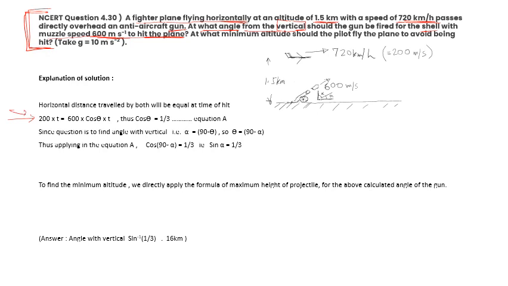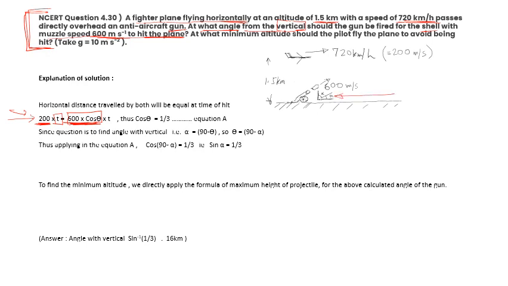We know the speed of the plane is 200 meters per second. Assume it travels some distance in time t. In the same time t, the horizontal movement of the shell should also cover the same distance. So the horizontal speed of the shell is 600 cos theta. Let's look at that in the figure. We say this angle is theta.